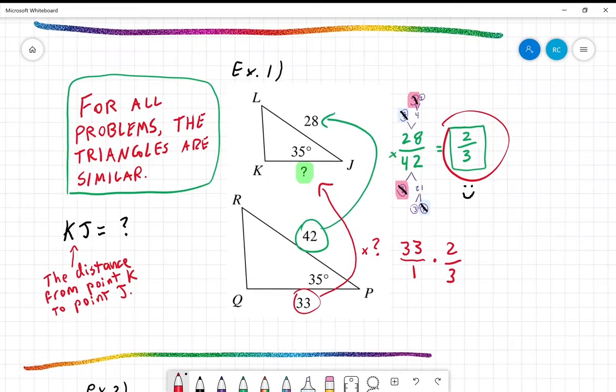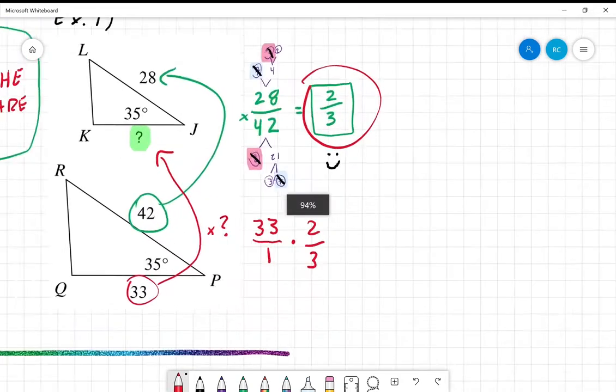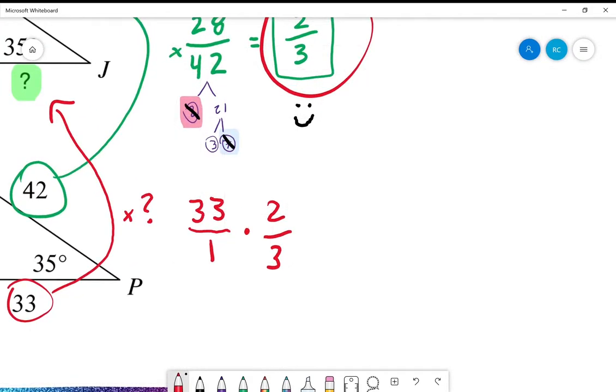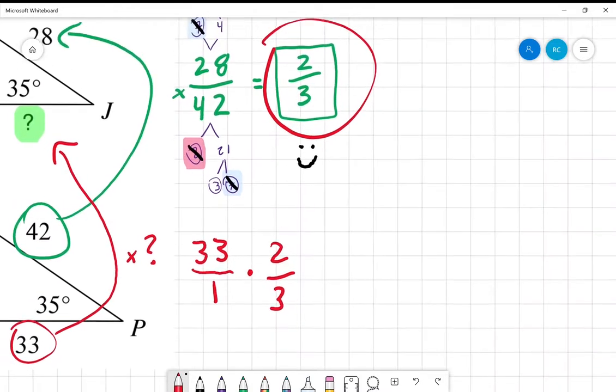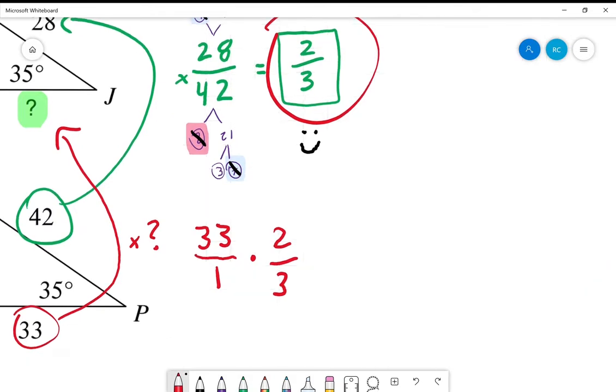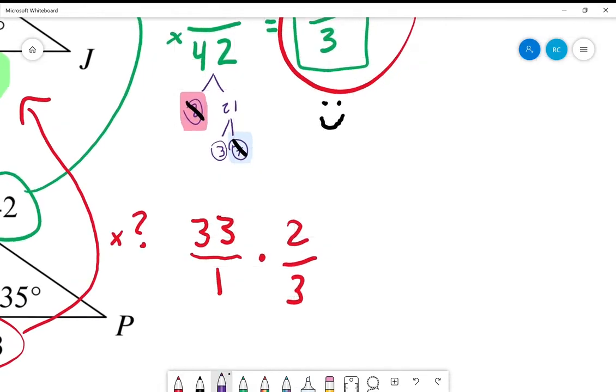Now again, I'm going to go off to the side here, and we're going to work on this. Because I know that, again, fractions are a source of anxiety for some folks. Not a problem. We're going to do the exact same thing that we did up here. We're just going to apply it to everything. Okay? And in fact, there isn't a whole lot of work to be done here. 33 is really only one thing.